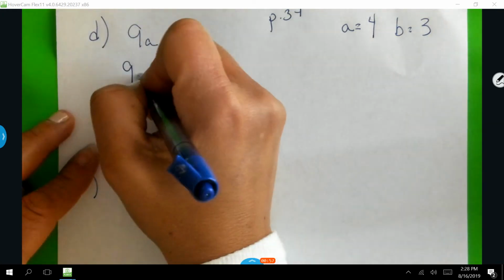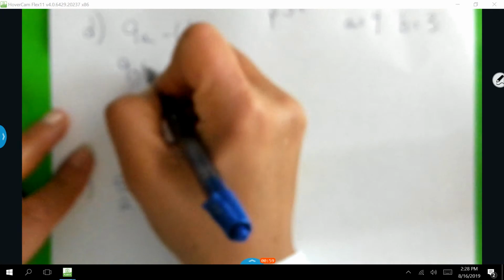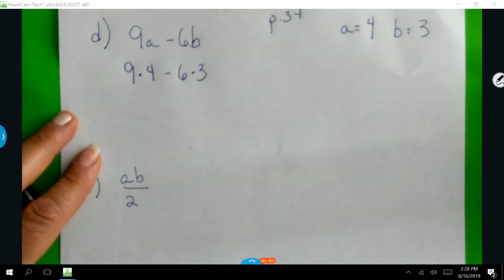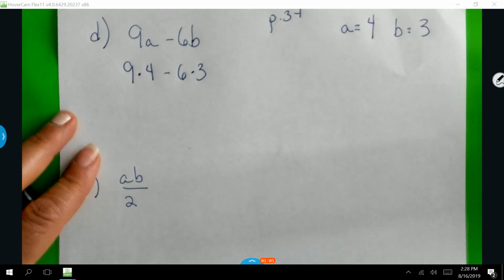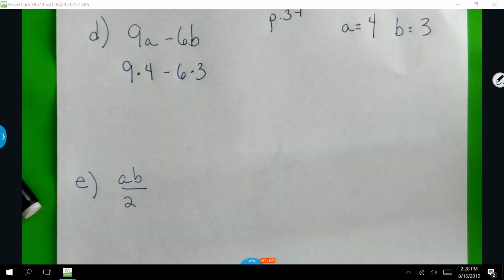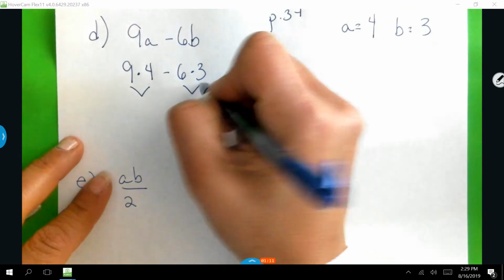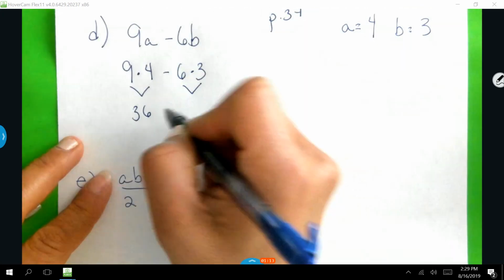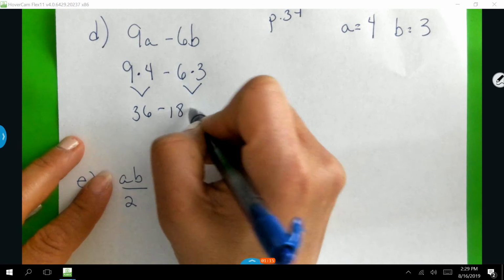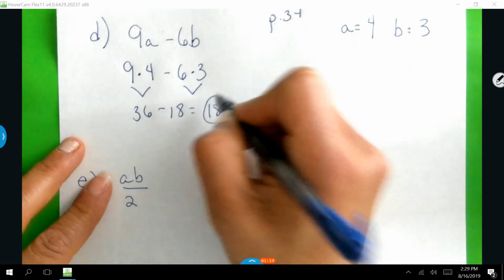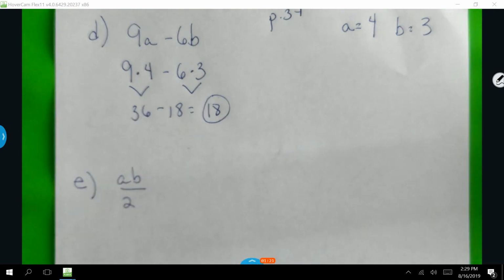So it's 9 times 4 minus 6 times 3. And then we know we follow the order of operations. So we have to do any multiplication first. So that's 36 minus 18. So your answer is 18. All right?